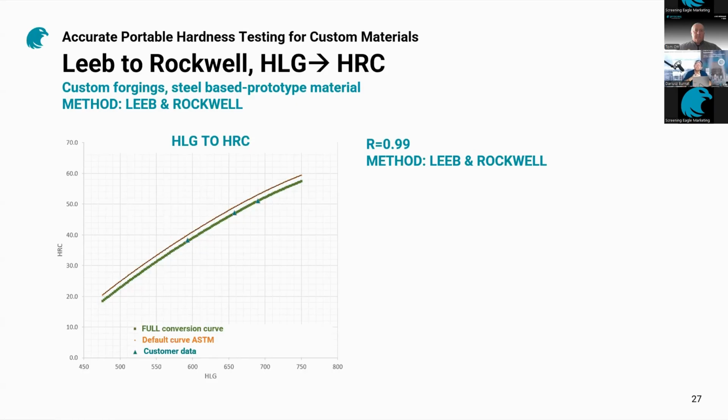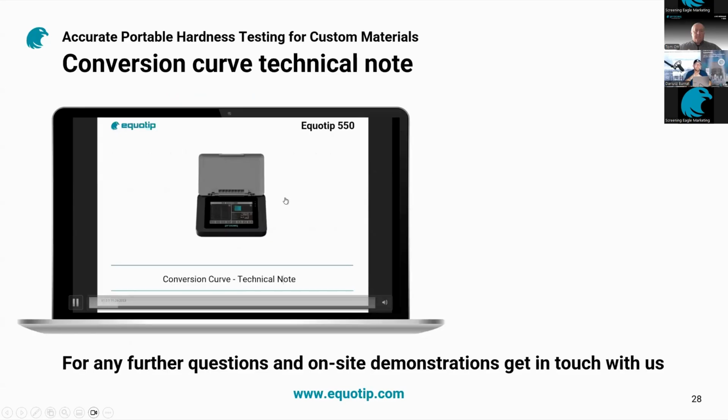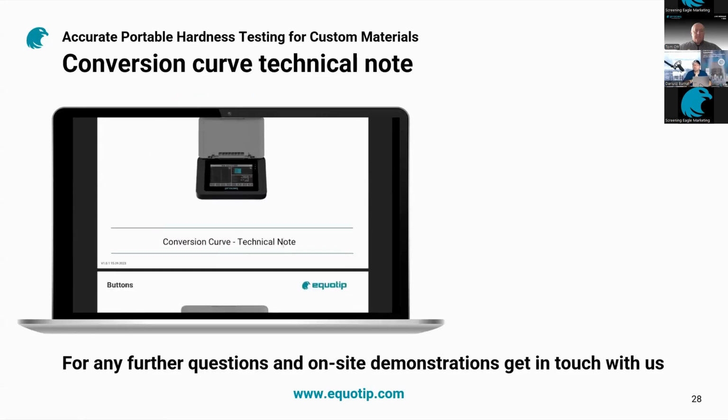The customer actually prefers the Leeb method over the Rockwell method for conducting measurements, because they find it much more useful and can do many more tests with the portable method compared to the stationary one. So the customer conducted this research to simply shift the curve and achieve exactly the same results as with the benchtop device, but with Rockwell.